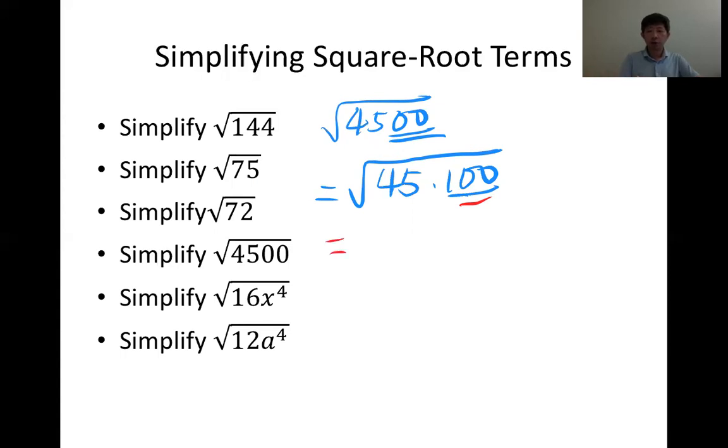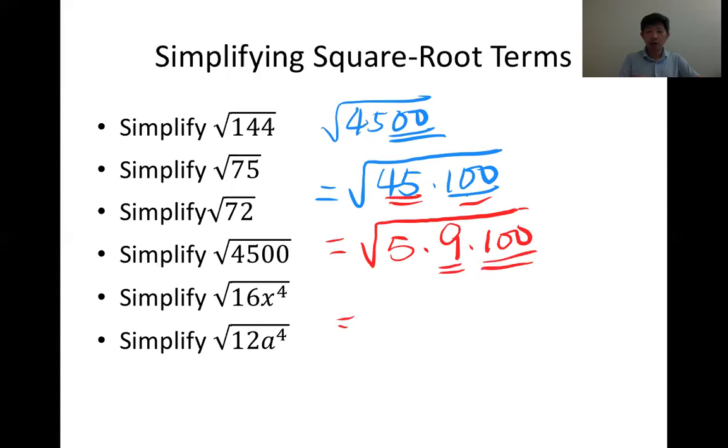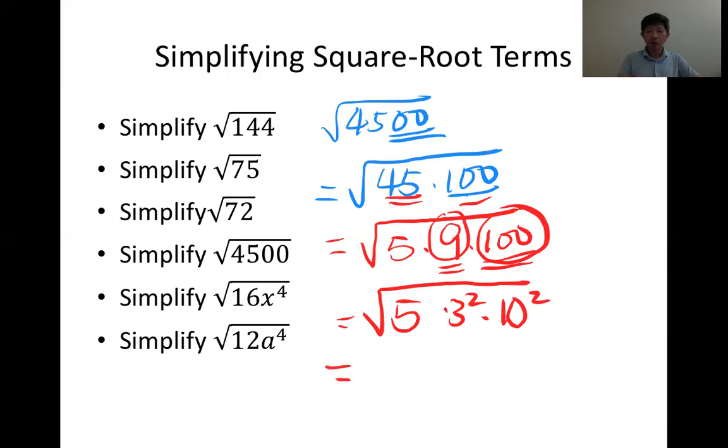How about 45? 45 is 9 and 5, right? So 5 times 9 times 100. We can make this 9 and 100 a square, right? So 5 times 3 squared times 10 squared.